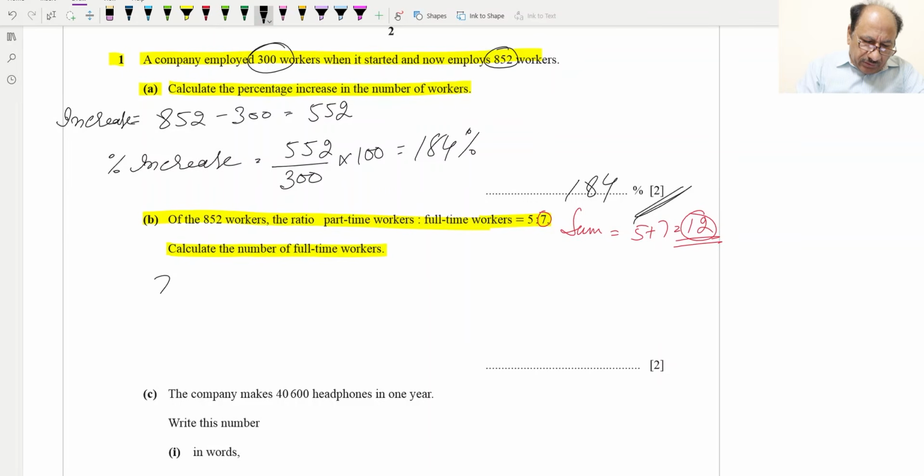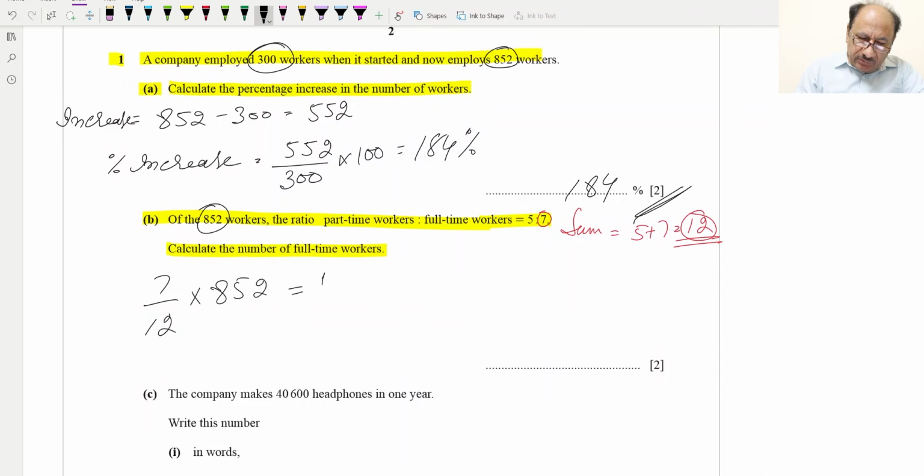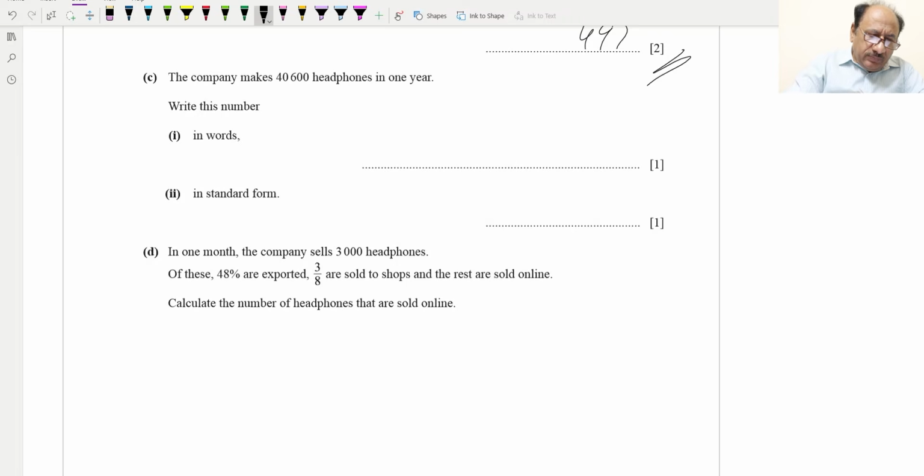So we will write 7 out of 12 times the total workers, which is 852. 7 over 12 multiplied by 852 results in 497. So 497 workers is our answer for 2 marks. These are full-time workers.